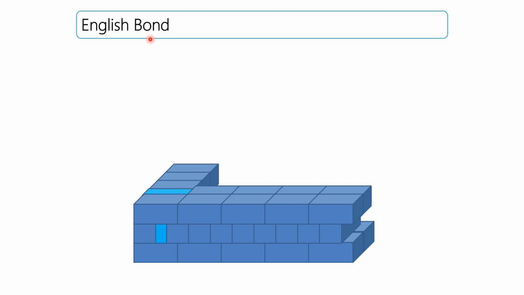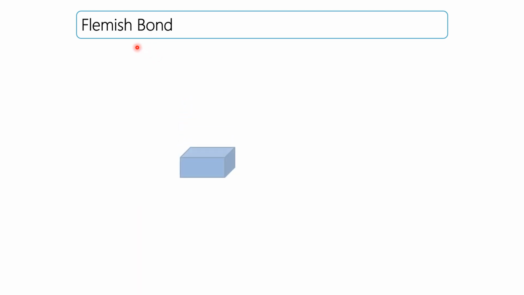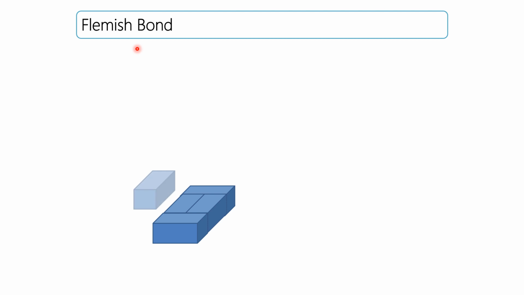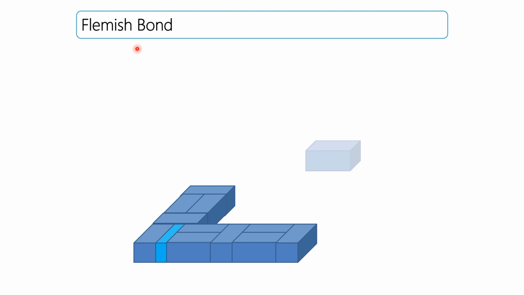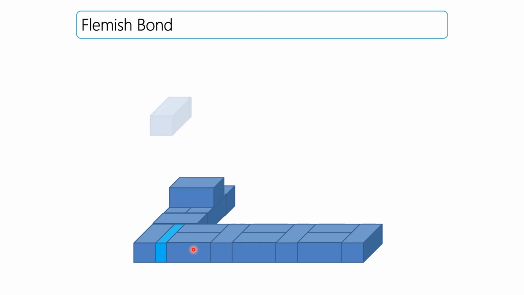Now let's see Flemish bond. In the Flemish bond, header and stretcher are provided in the same layer.